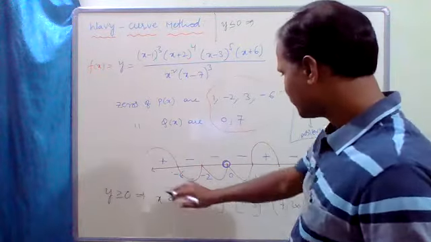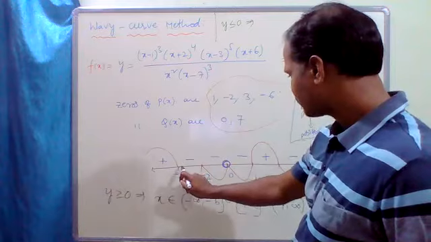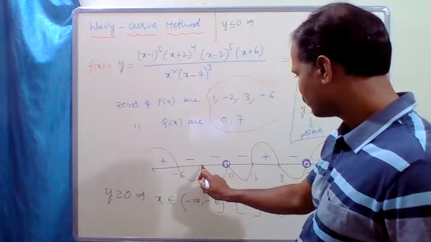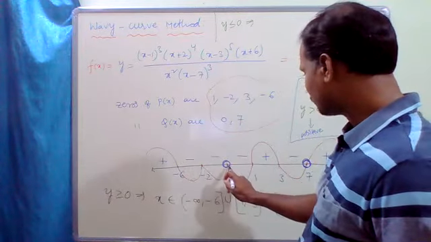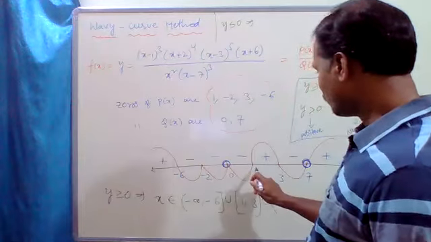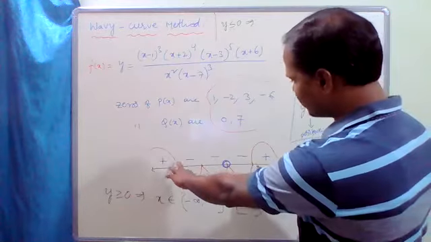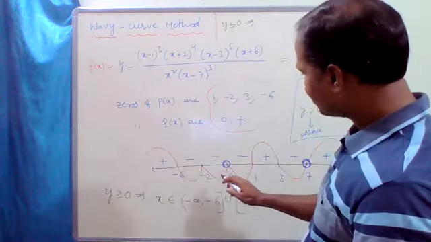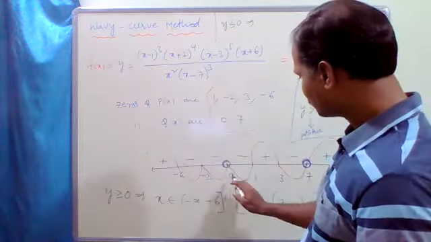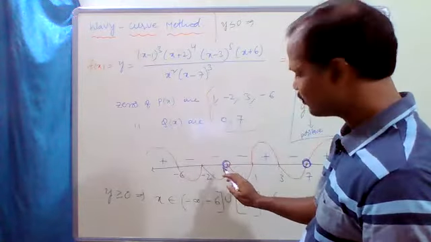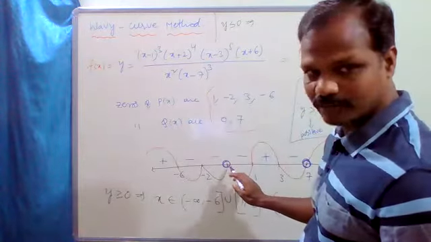So where is the negative? Minus 6 to minus 2, and minus 2 to 0, and 0 to 1. So this total part is negative. In this, is there any root in the denominator? 0 is the white bubble, so 0 should not be included.